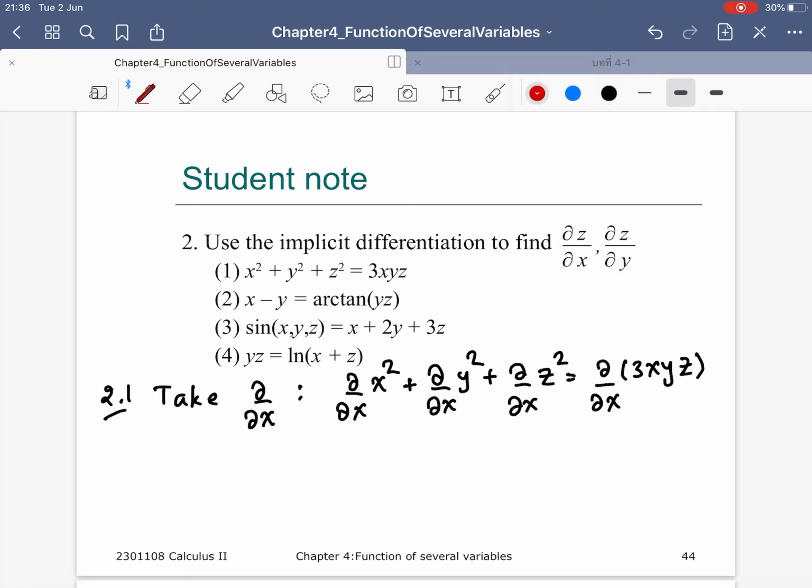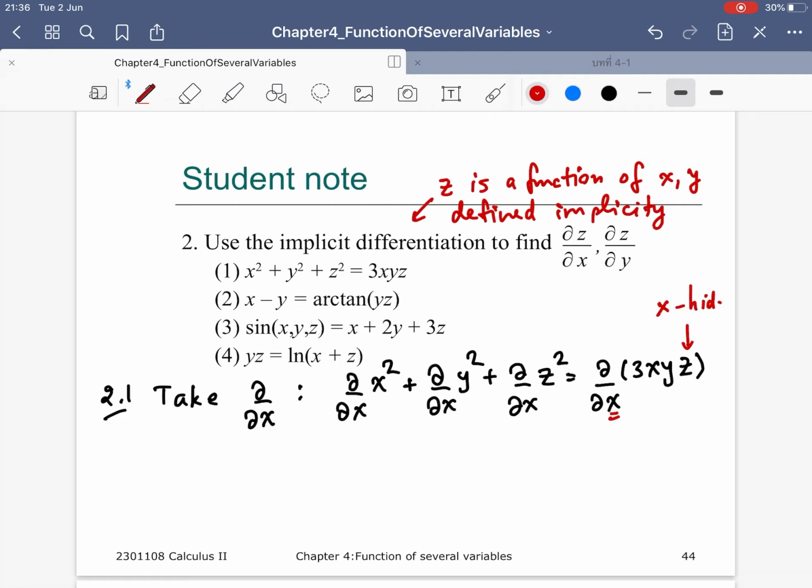And don't forget that right now your z is a function of x and y, defined implicitly. All right, so this means that your z right here has x and y hidden, but in the first context it has x hidden in it.